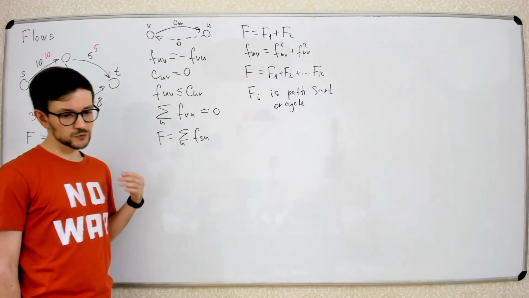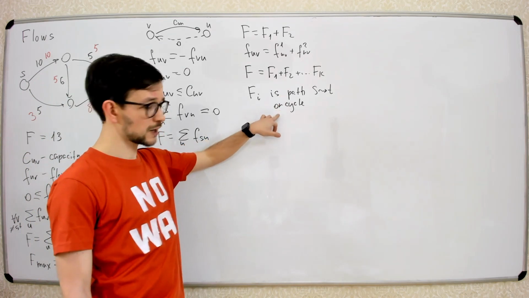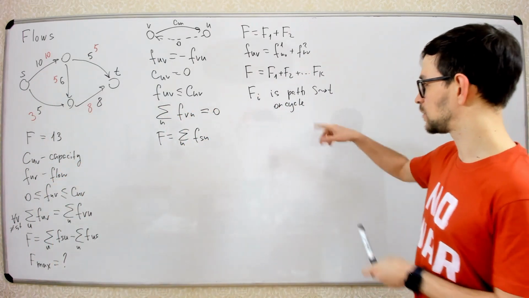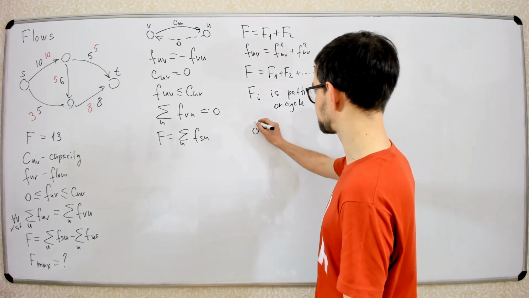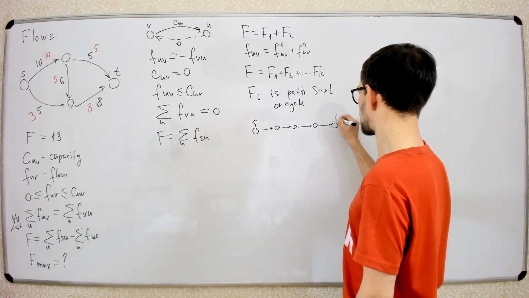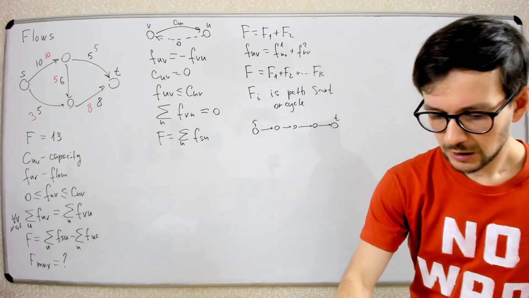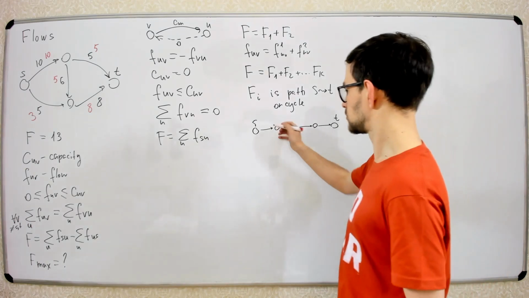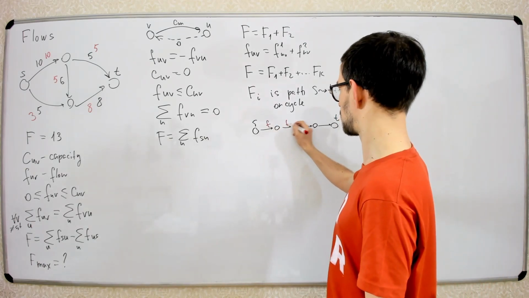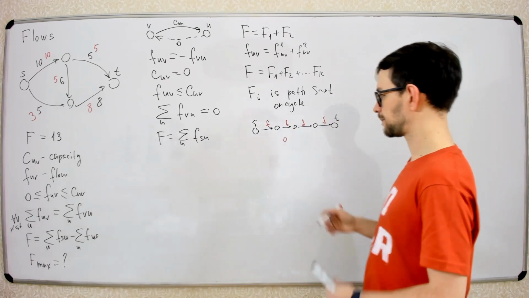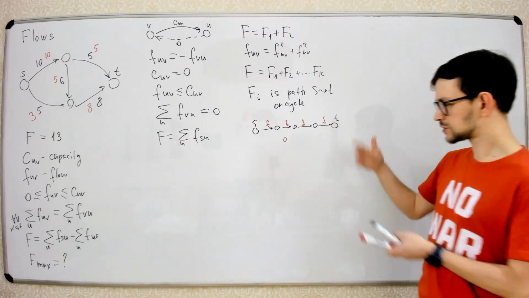Let's prove it. What does it mean, path or cycle? The flow is a path: you have some path from S to T and you have flow only on these edges. You have the same flow, obviously, for all these edges, and for all other edges it is 0. A cycle is the same way.